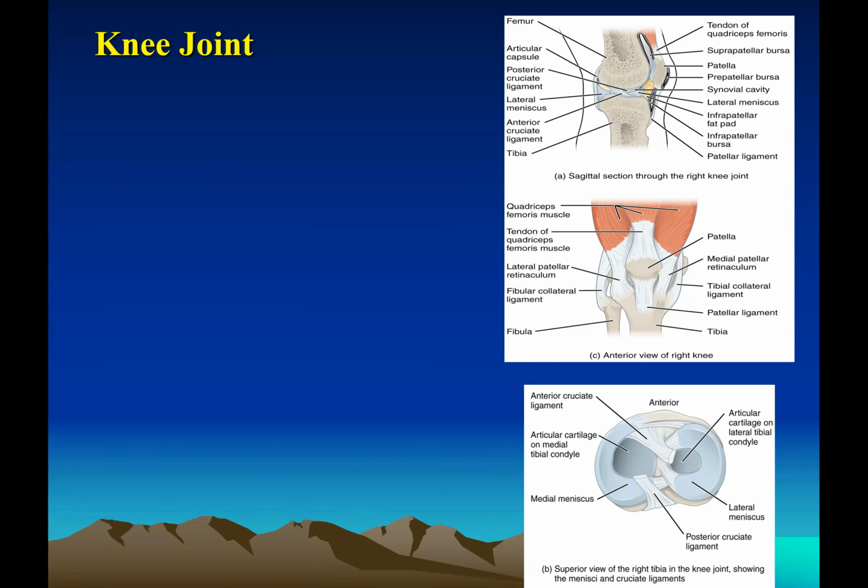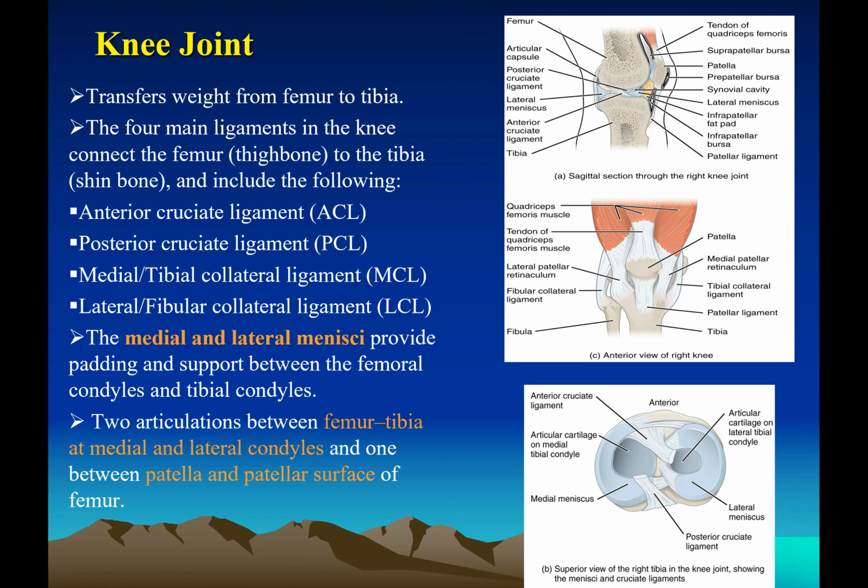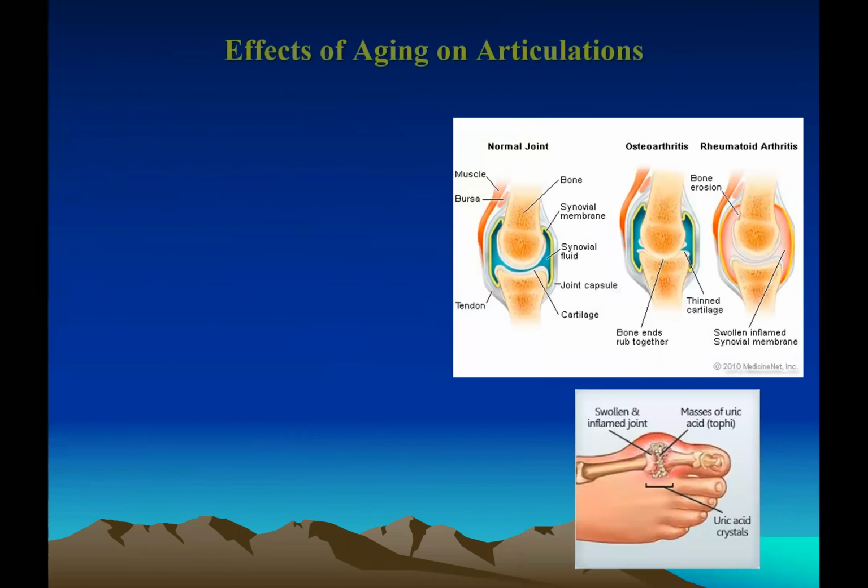So the two main articulations between the femur and tibia are at the medial and lateral condyles, and one between the patella and the patellar surface here. All the components that you studied in a synovial joint can be found here: the fat pads, the bursa, the ligaments, the synovial cavity, and the synovial fluid.